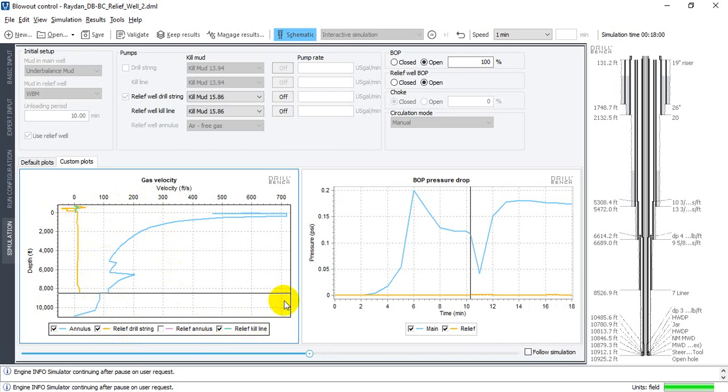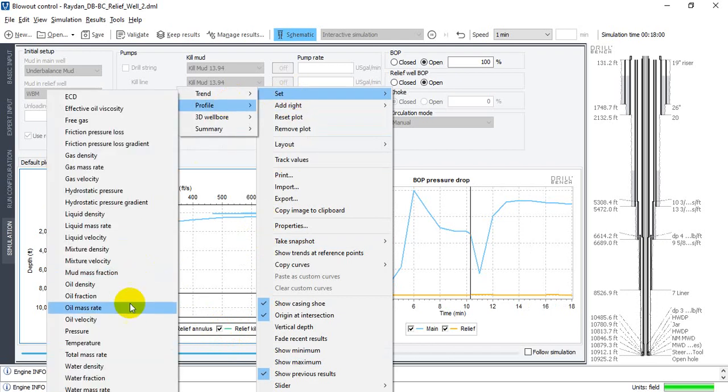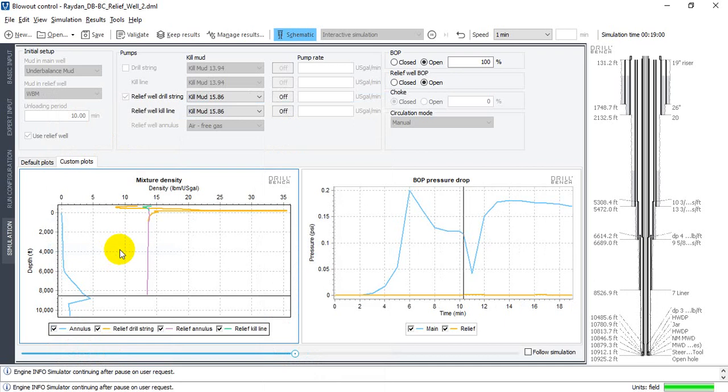And the relief kill line we can see in green. Also we can add any plots you like to see: water density, total mass rate, liquid mass rate, liquid velocity, mixture density for the fluid. This is the mixture at the annulus for the main well, and the relief drill string is the orange.